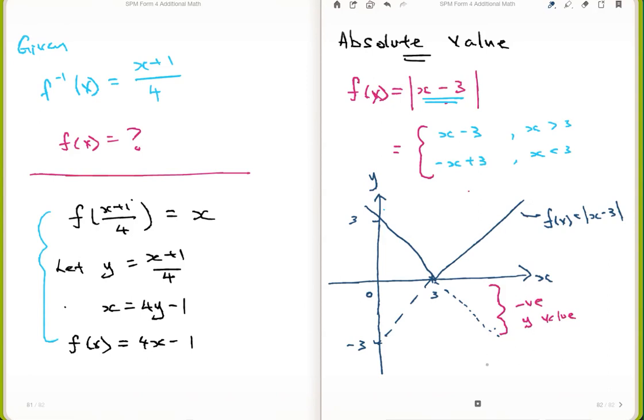You find that f(2) is supposed to be 2 minus 3, which is negative 1, so therefore it is negative 1. So therefore it is 1. You apply a negative to it when the number is a negative number.